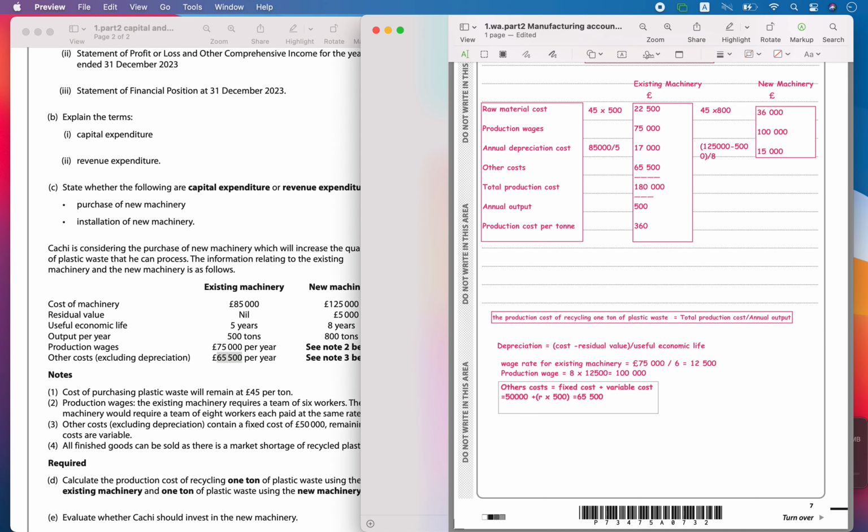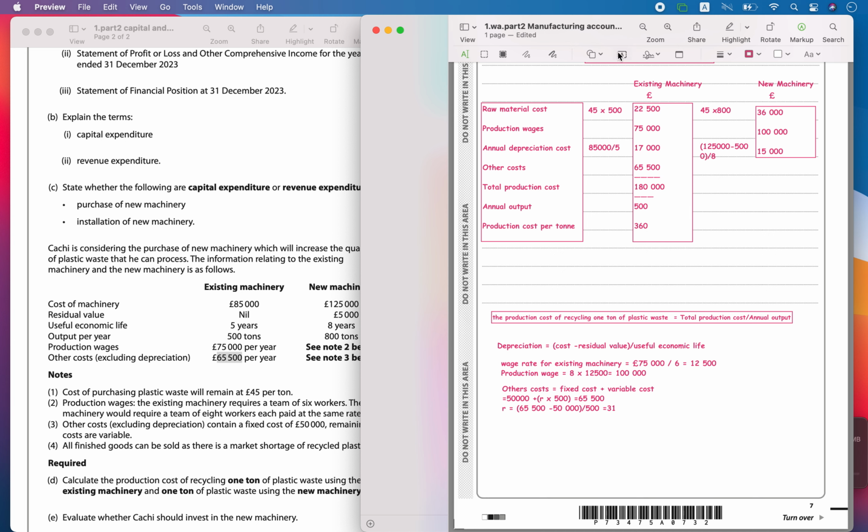So let's calculate R from this: 65,500 minus 50,000, divided by 500. You take the 50,000 to the other side and divide by 500. That is equal to 31. So that 31 was the rate of change with the variable output.